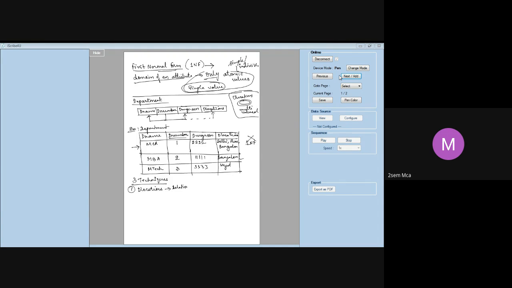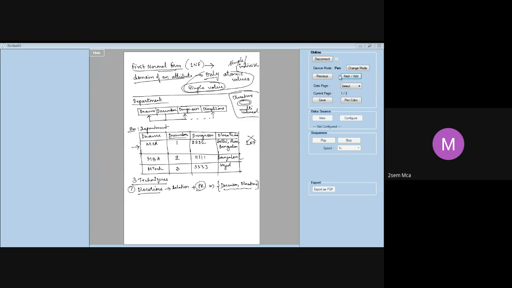That means I will create a new table and place it there along with the primary key of the department table. So the primary key of the new relation will now be a combination of keys, that is D number and D location.